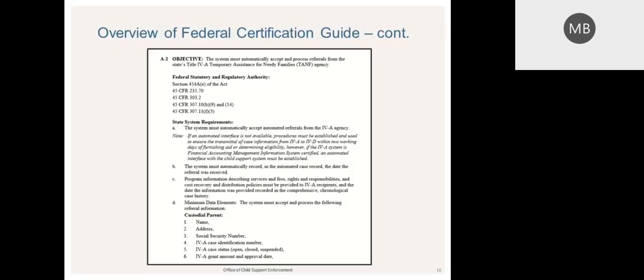D. Minimum data elements: the system must accept and process the following referral information: custodial parent name, address, social security number, 4A identification number, etc. That's a bunch of elements if you look at this objective.